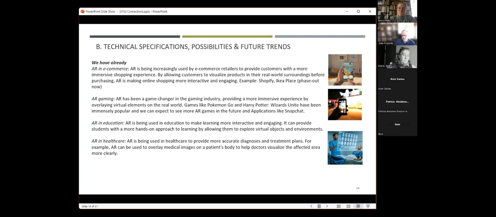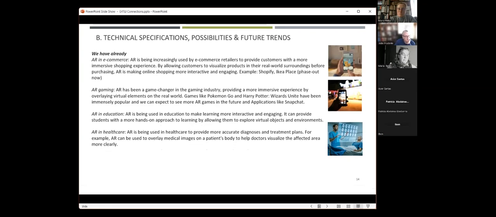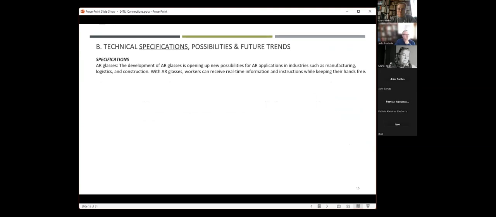In healthcare, I think that we also have some presentation about it on Thursday. In our agenda, it says cultural, but I think Paulo Meirelles will bring something. Okay.